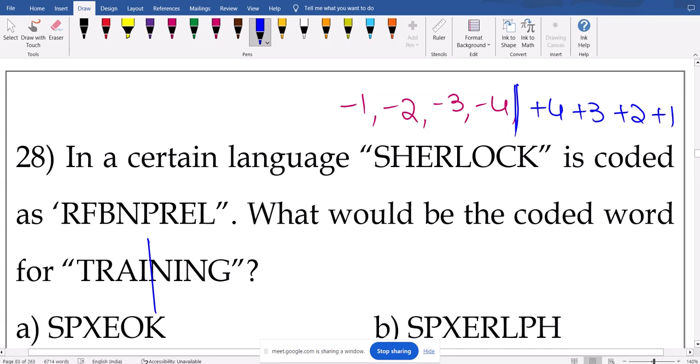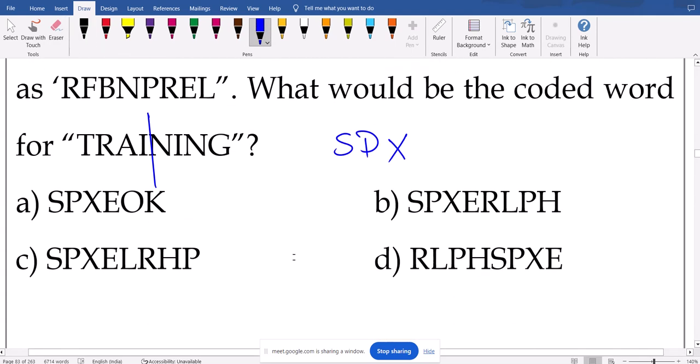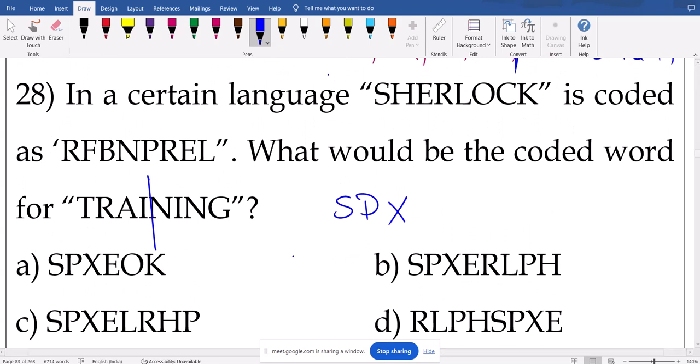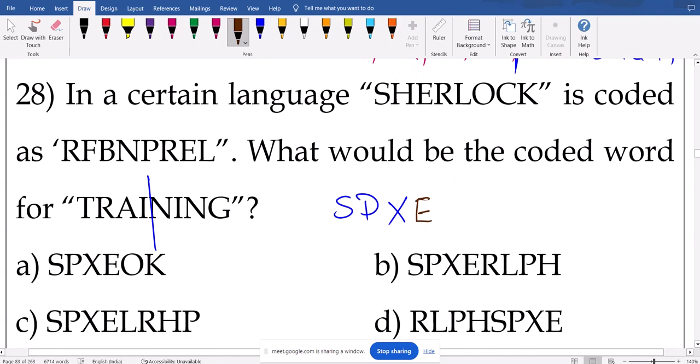So T minus 1 is S, R minus 2 is P, and A is 27 we can take, 27 minus 3 is 24, which is X. So SPX is required. Options A, B, C are all SPX only. Then we have to go for minus 4: 9 minus 4 is 5, so we get SPXE. Every option A, B, C is SPXE only.